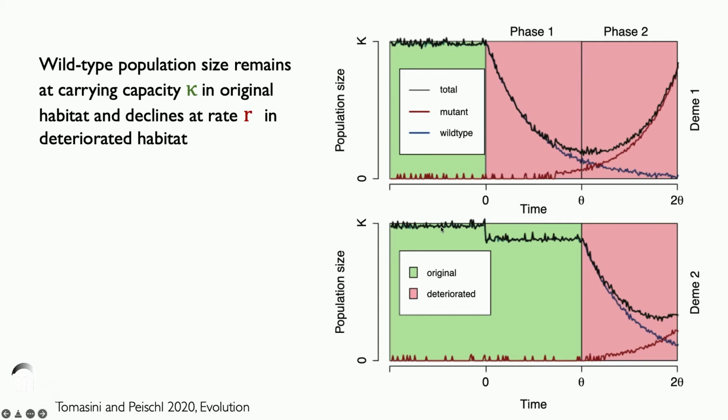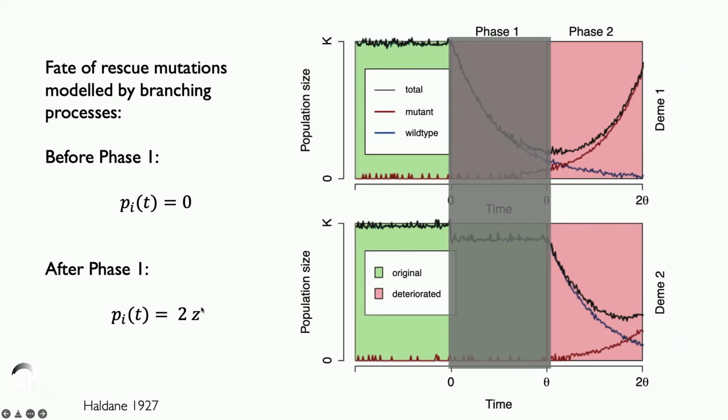Otherwise, we have some density regulation that keeps it at or close to carrying capacity. This can be modeled under some assumptions with relatively simple differential equations that give us the dynamics of these black or blue lines here, which is the resident population size of the wild type. Of course, before phase 1, we just keep it at carrying capacity, and after phase 2, both of these demes would decline at the rate r.